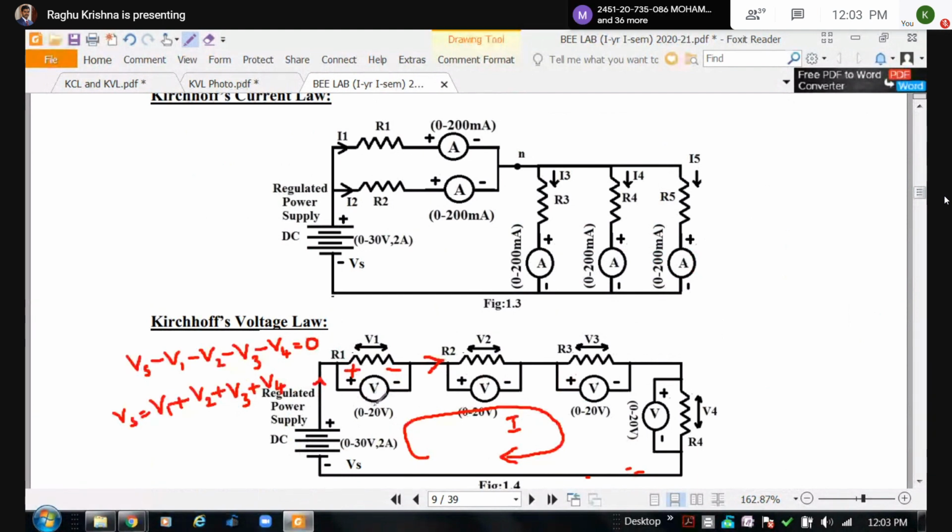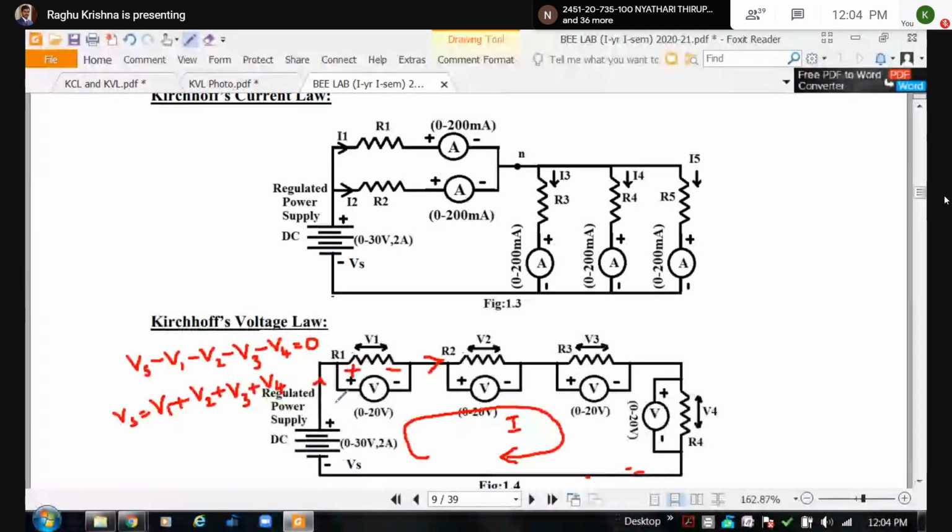So how to do the algebraic sum? Here you have positive terminal, negative terminal. These are the positive and negative terminal of the battery. When a current flows, there will be a voltage drop. Current flows from high voltage to low voltage. So here plus minus indicates voltage polarity of the battery, plus terminal, minus terminal.